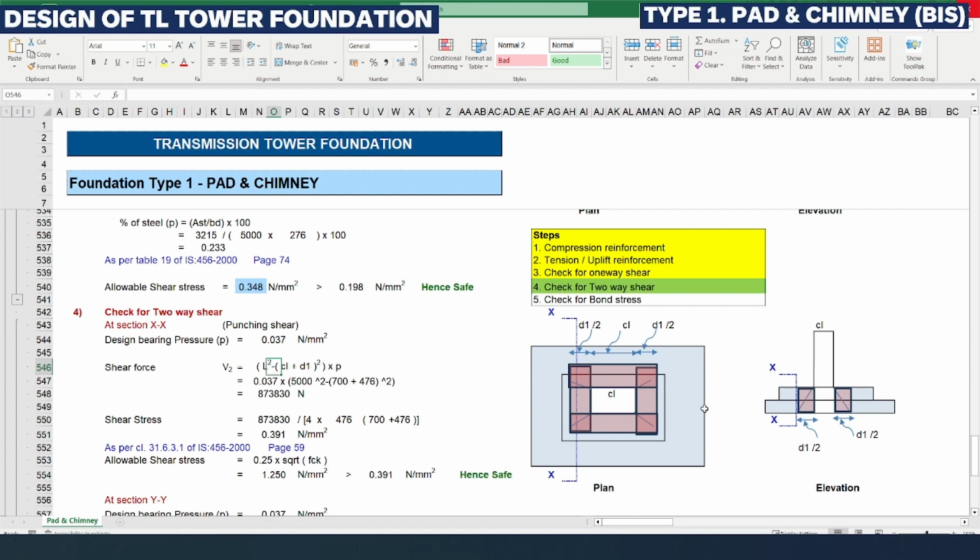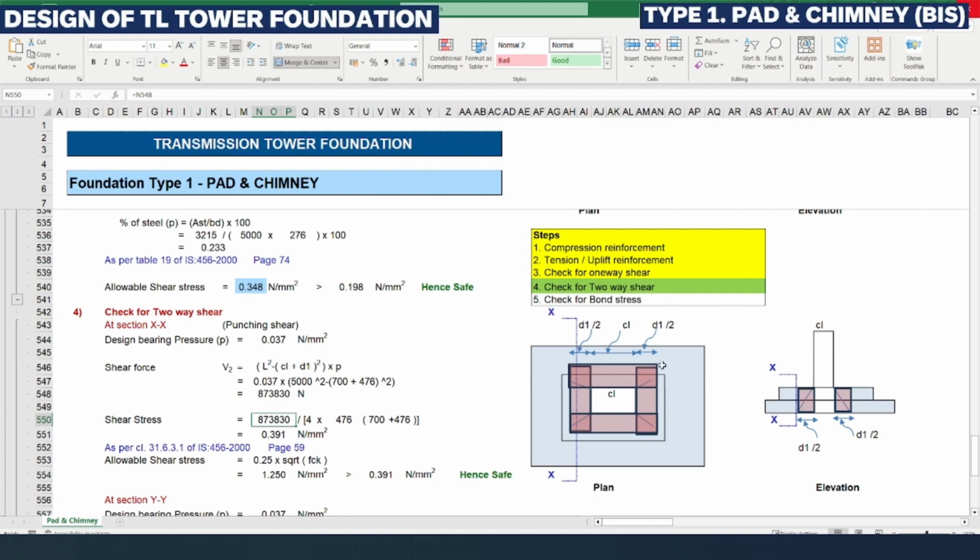So the whole rectangular square minus this length, we get the area of this portion. That is what is applied here, and we get a shear force of 873830 Newton, which we convert into shear stress.